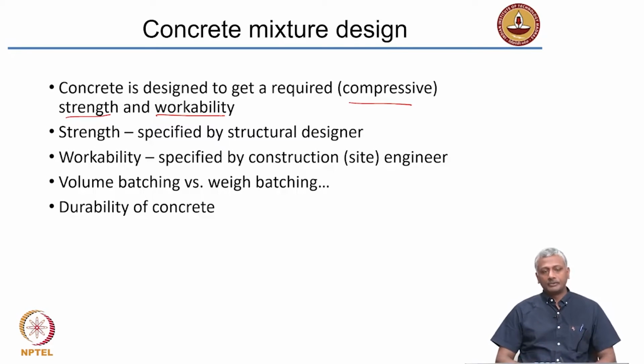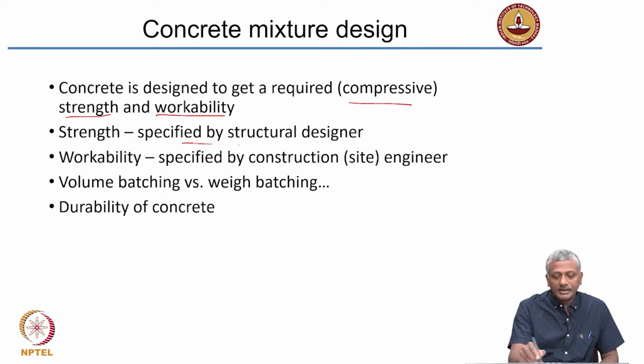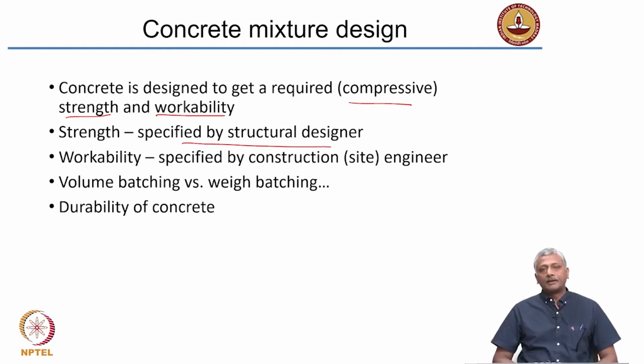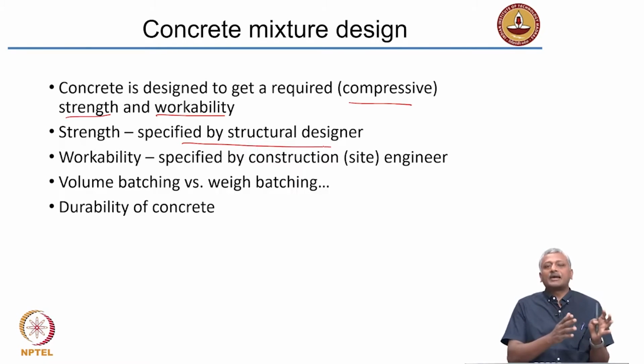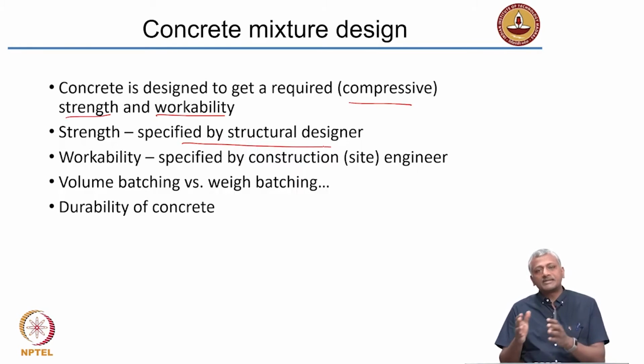So who does the decision making as far as these characteristics are concerned? As far as strength is concerned, it is specified by the structural designer. As I said, in a construction sequence, the first is the analysis, that's followed by design. In design, certain material properties need to be attributed to the ingredients involved, like concrete and steel.